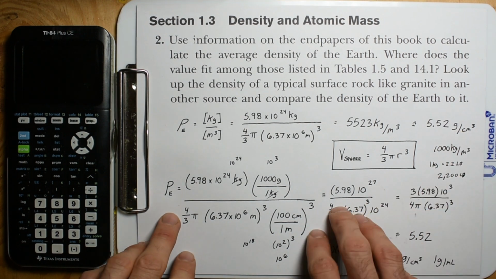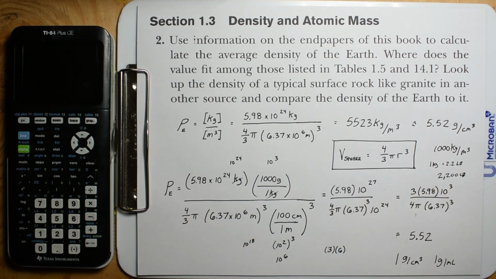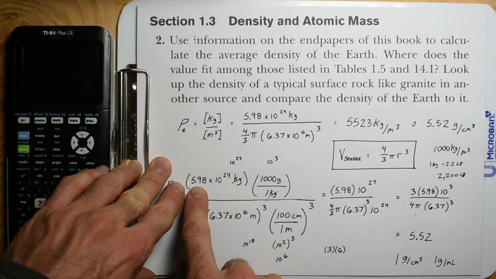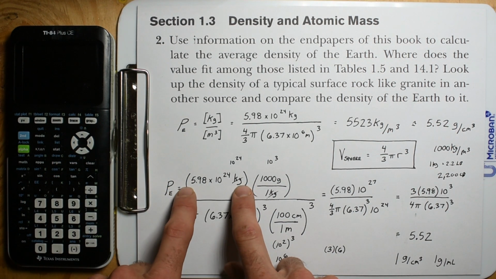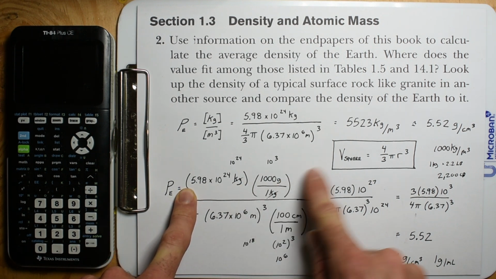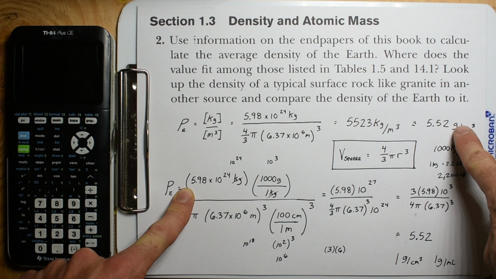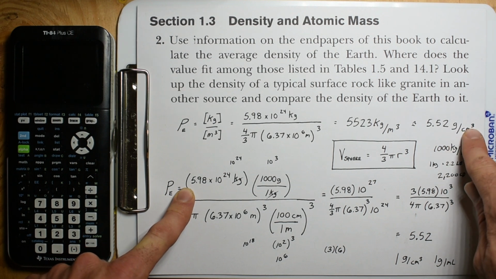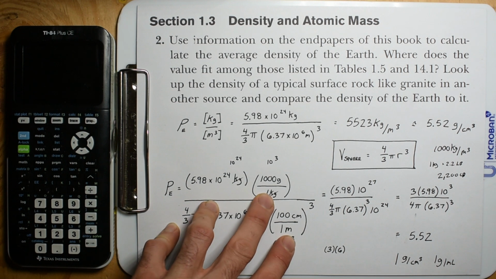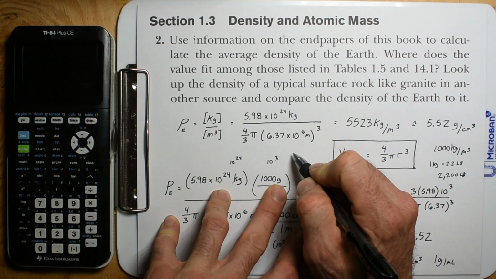Now, let's go through the factor label method and figure out how to do that all in one go. This is going to be the Earth in kilograms, but we want to convert it to grams. We want our answer to have grams and centimeters cubed. So you make something that's equivalent.